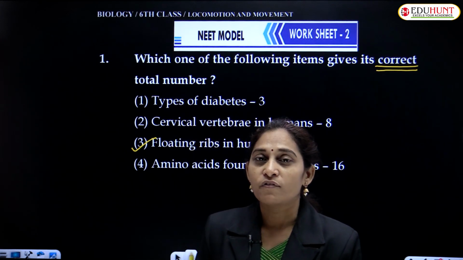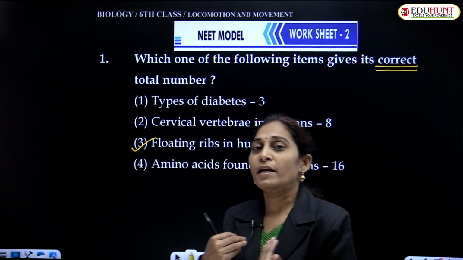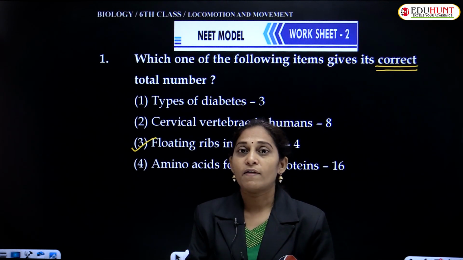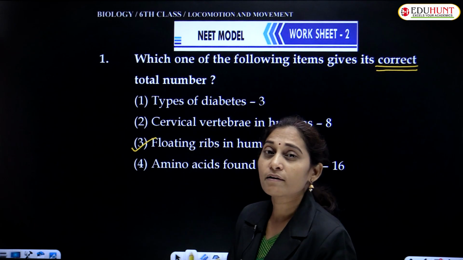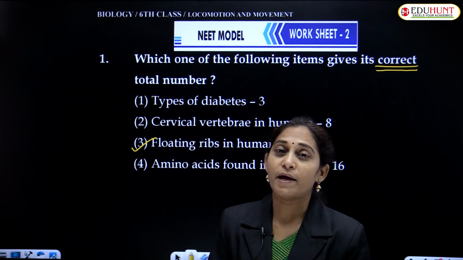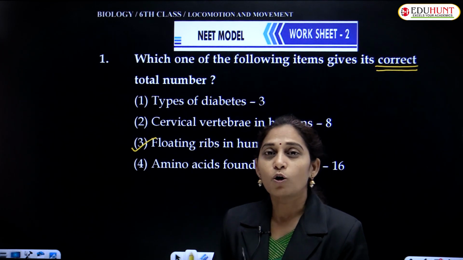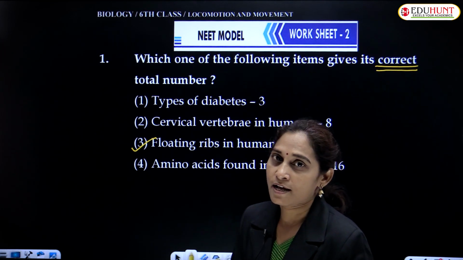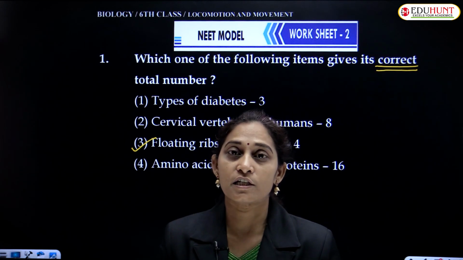Among these 5, the first 3 pairs are false and the remaining 2, the 11th and 12th pair, though they are false, are called floating ribs as they are not connected to the sternum.